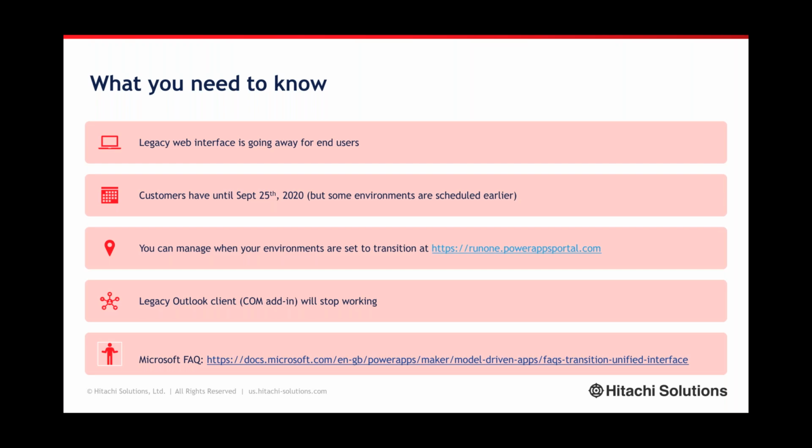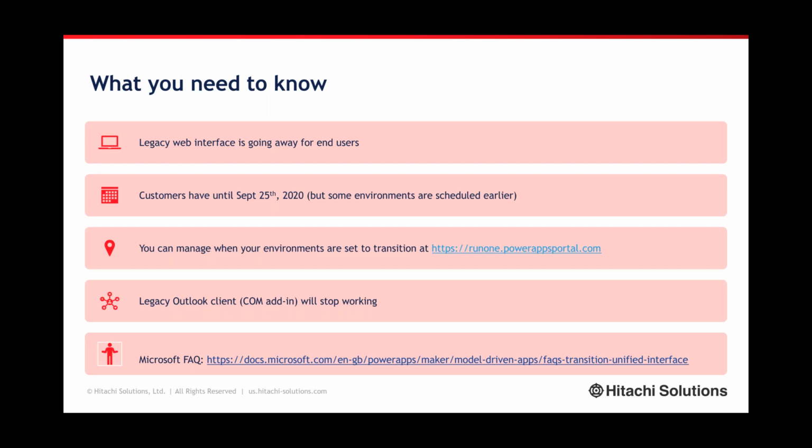The Legacy Outlook client. For users that are totally online, meaning Dynamics and Exchange Online, the COM add-in is going to stop working come September 25th or October 1st, and when you make the move, because you've got to remember the Outlook client renders the classic UI forms.